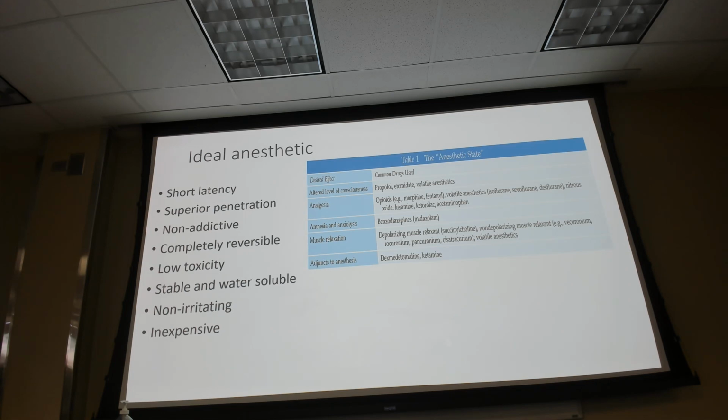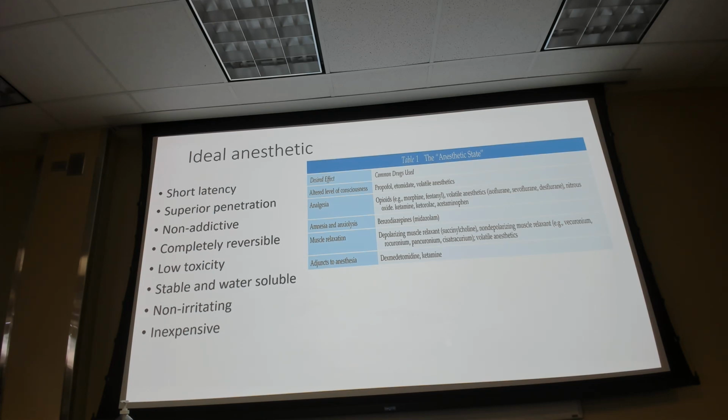So if we're trying to look at an altered level of consciousness, propofol, etomidate, your gases work really well for that. And then if we're just looking for pain control, opioids are great. We're starting to use a lot more pain dose ketamine on patients. Then we have Toradol or ketorolac, and then just basic Tylenol. If you're looking for an anxiolytic, that's going to be one of your benzos.